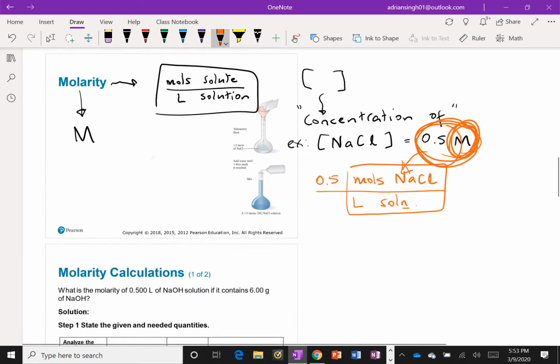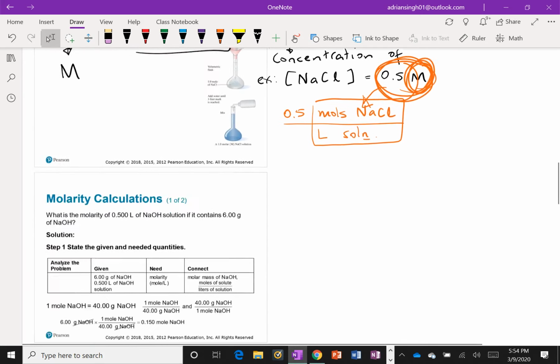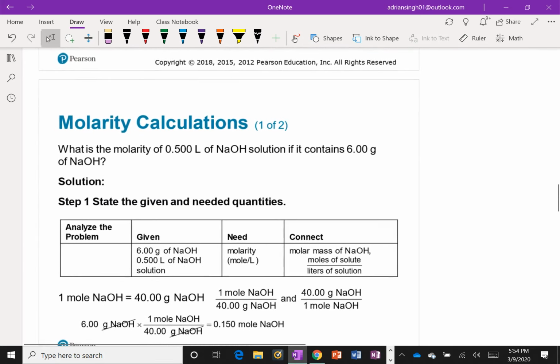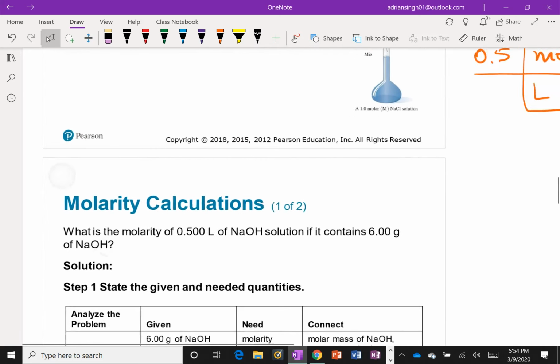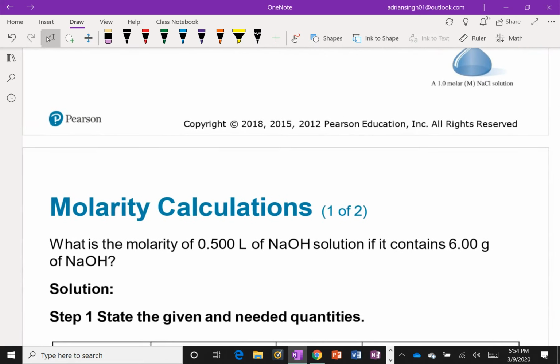Knowing what that means now, we can go ahead and do some calculations. We're asked: what is the molarity of 0.500 liters of sodium hydroxide solution if it contains 6.00 grams of NaOH?